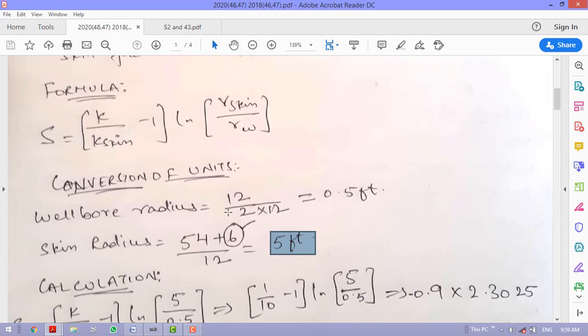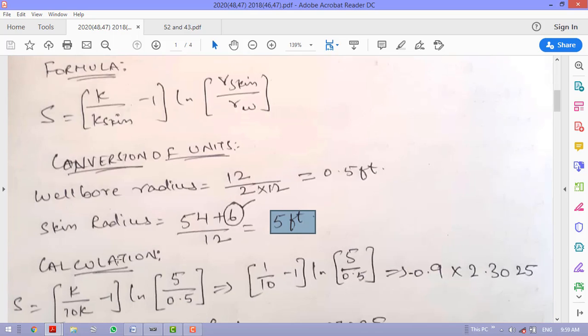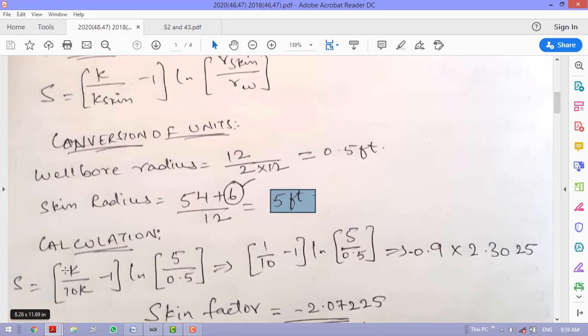Now let us quickly do the calculation. S equals K by 10K minus 1, ln of 5 divided by 0.5. I have simply substituted the radius values. Now I substituted K by 10K.